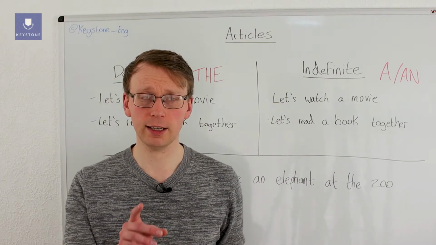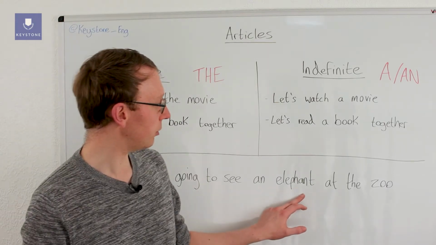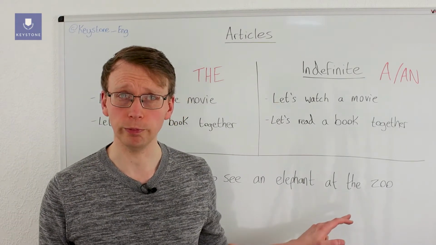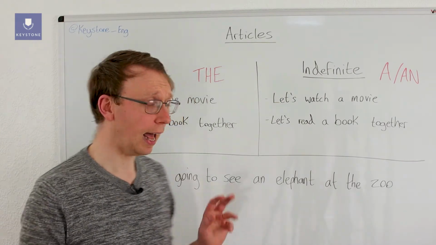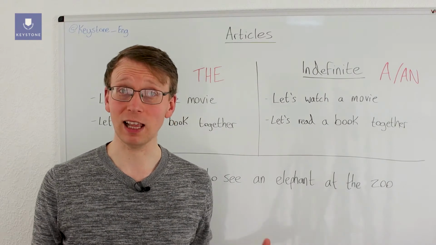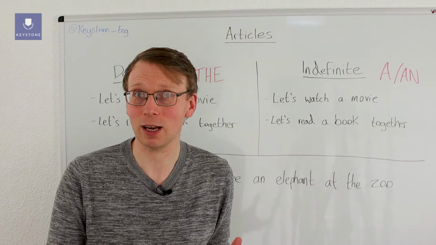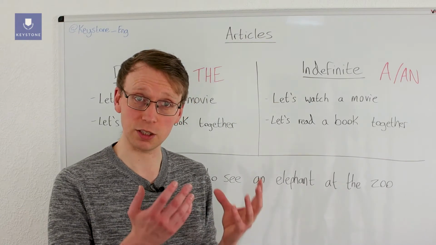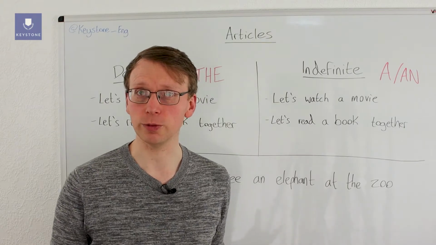Now let's look at an example sentence. I am going to see an elephant at the zoo. So I'm using the indefinite article, an elephant, because there are probably several elephants at the zoo. I don't know which specific elephants I will see. I'm not going to see a specific one, but I want to see an elephant.